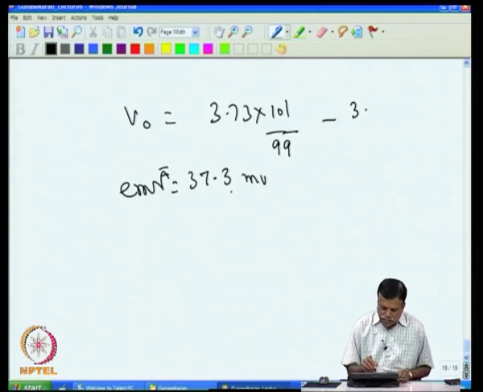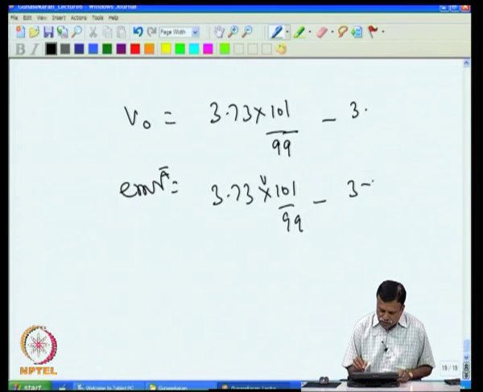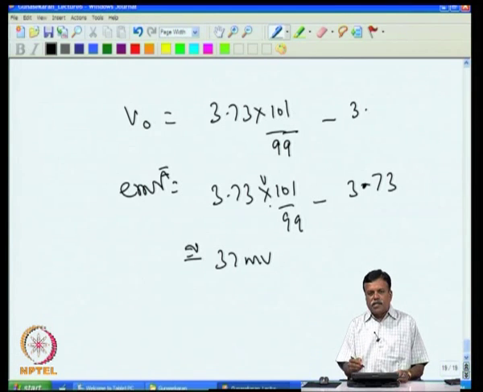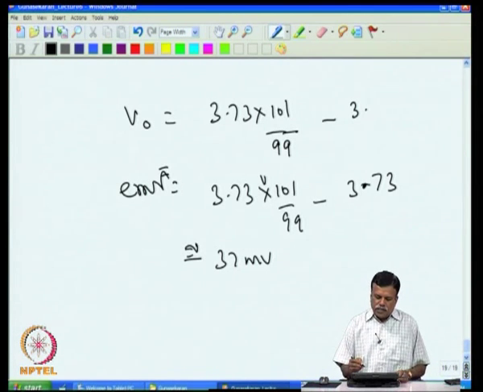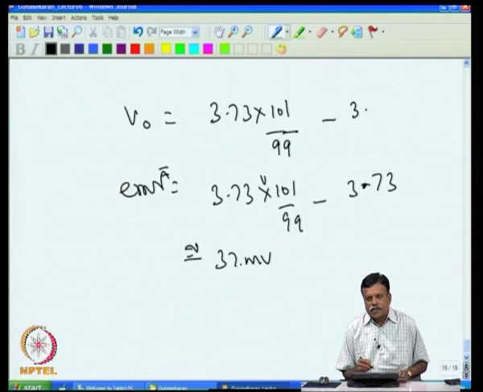The error will be 3.73 into 101 divided by 99 minus 3.73, which may come around 37 millivolt. You calculate exactly, I am not doing the calculations here. Now, this corresponds to 3.7 degree error, which is quite large. That means resistance drift produces a large error at the output.